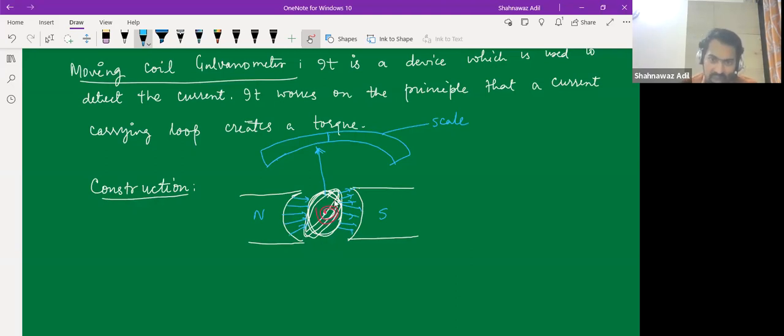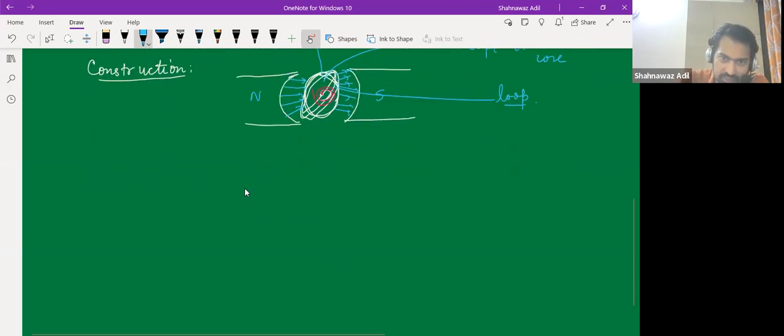This is a soft iron core, and this is a cylindrical structure.